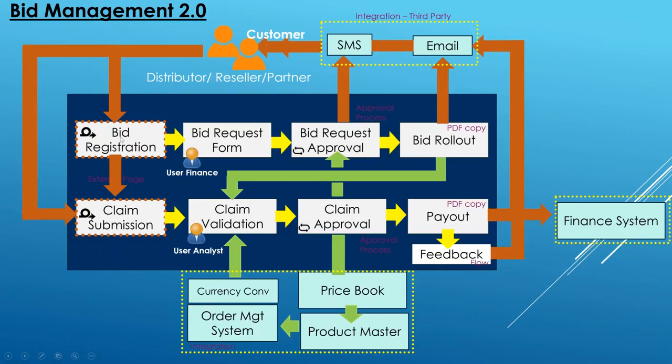This page has to be deployed using the partner portal. That means you have to create a Visualforce page called bid registration, and this Visualforce page has to be accessible by distributors and partners.